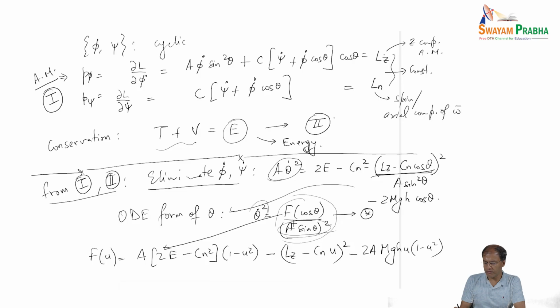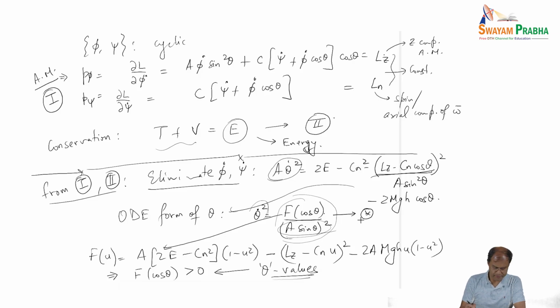Now the denominator of the equation star is positive, so we expect the numerator f of cos theta is also positive. So the conclusion is that f of cos theta has to be positive. So the theta values have to be such that f of cos theta is positive, so that the sign convention of this equation star is satisfied.